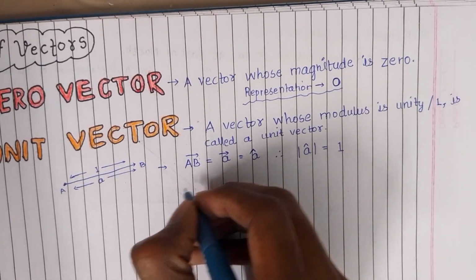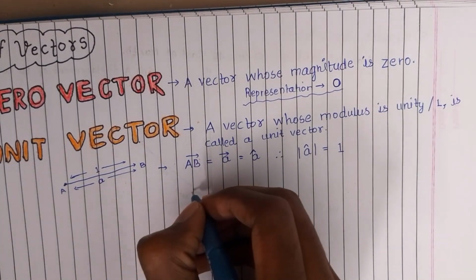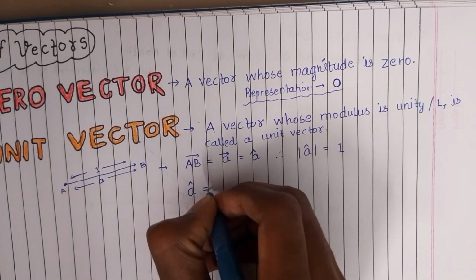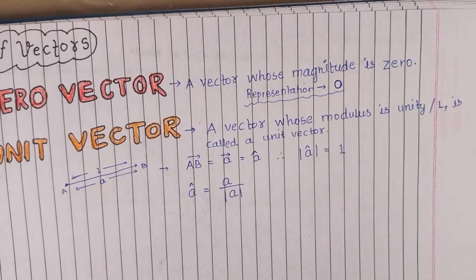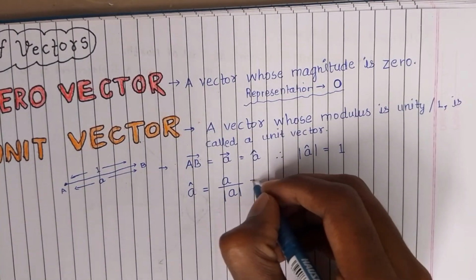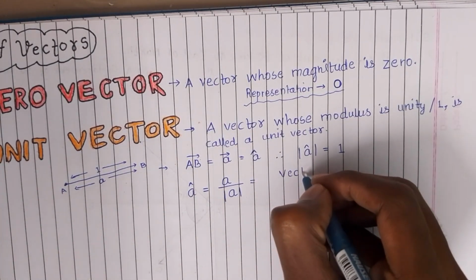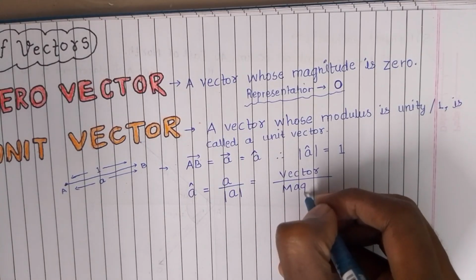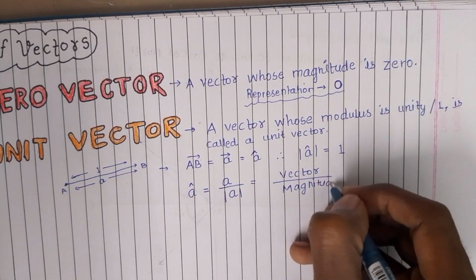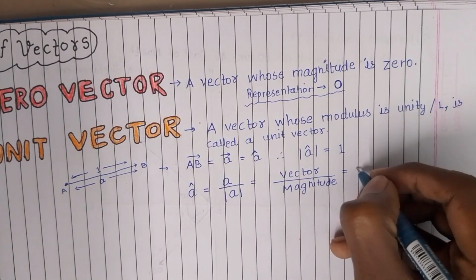Then we have a formula. A cap equals A by modulus of A. It means vector by magnitude gives direction.